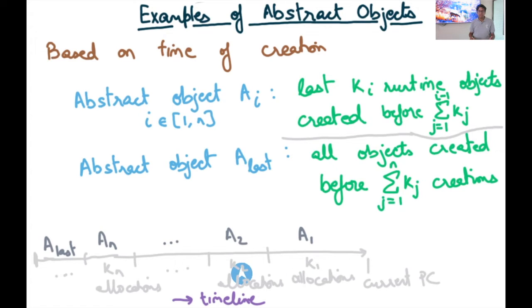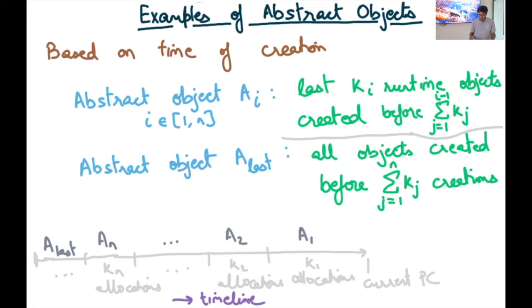The K2 allocations that were prior to these K1 allocations are represented by abstract object A2, and so on. And maybe the Kn allocations that were prior to all these K1 plus K2 plus up to Kn minus 1 allocations are represented by abstract object An.